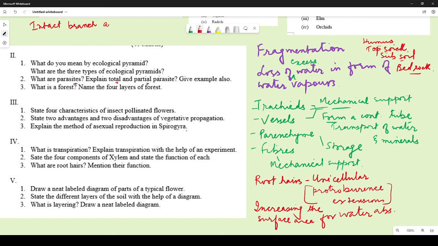You take an intact branch and bend it and cover it with moist soil, right? So that is called layering. You bend it and then you put a heap of moist soil on top of it. So that is what layering is all about.